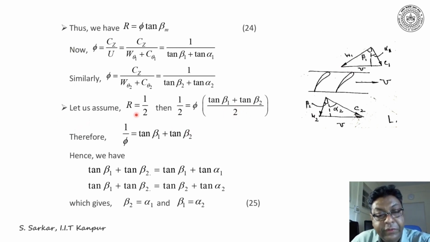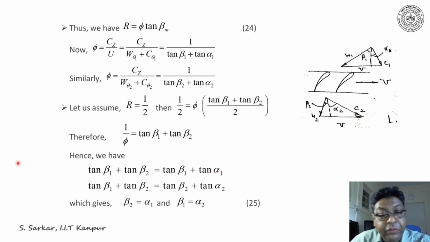Therefore, from here I can write 1 by phi is equal to tan beta 1 plus tan beta 2. Let us imagine this is some equation as A, this must be equal to B, and this must be equal to C. So if you equate equation A and C, I'll get this relation.